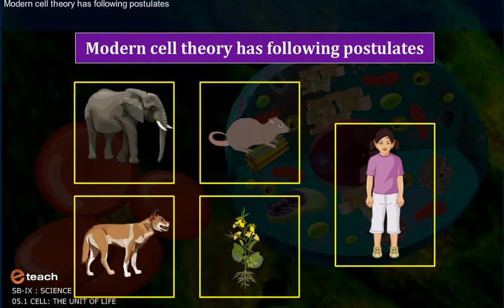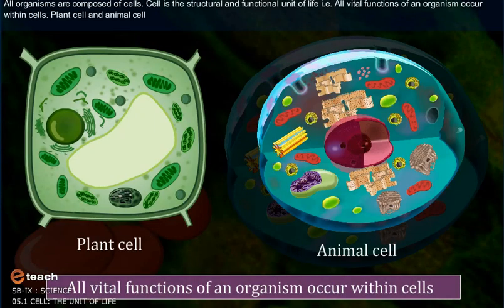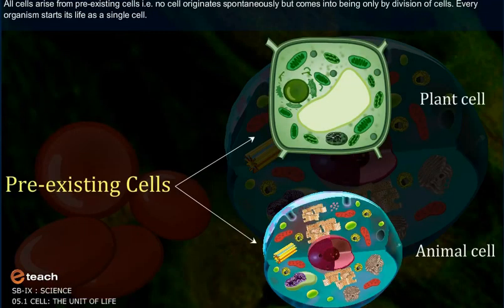Modern cell theory has the following postulates. All organisms are composed of cells. Cell is the structural and functional unit of life. That is, all vital functions of an organism occur within cells, plant cells and animal cells. All cells arise from pre-existing cells.